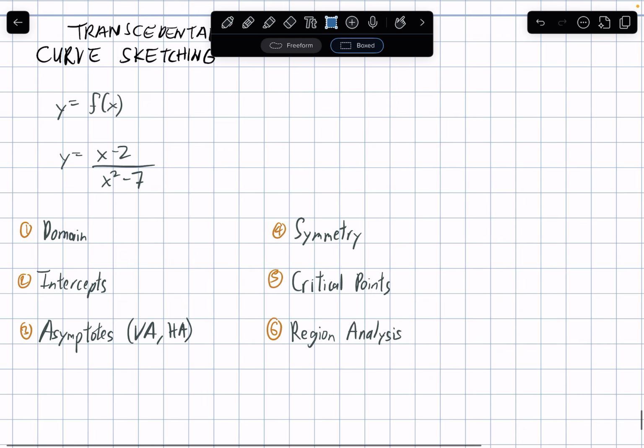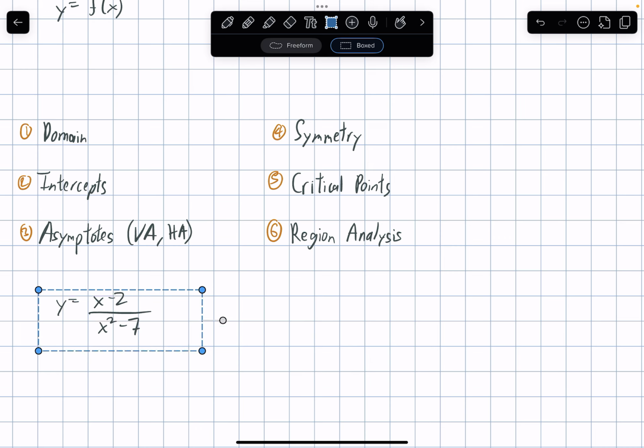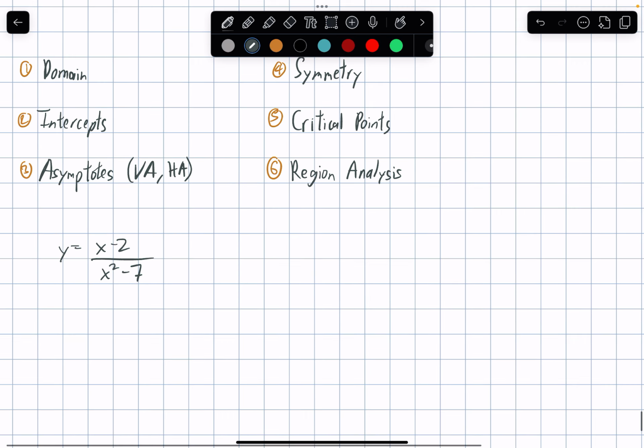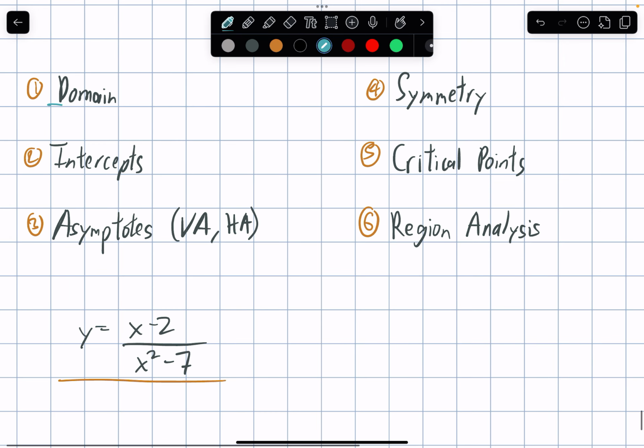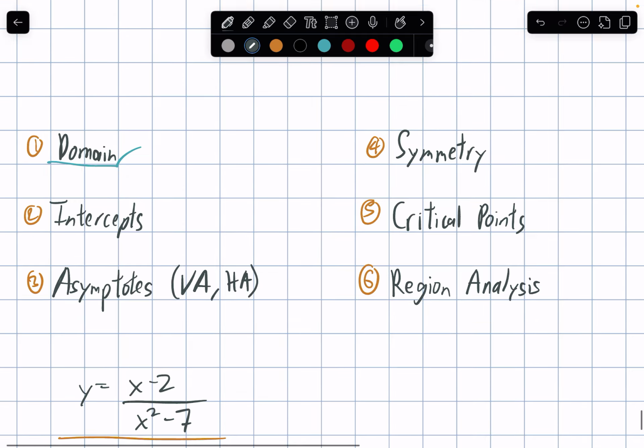So let's go back to our example. Let's try finding the domain. How do we do that? Again, what is the definition of the domain? These are any values of x that make the function undefined. Essentially, for polynomial functions, there are no values that make it undefined.